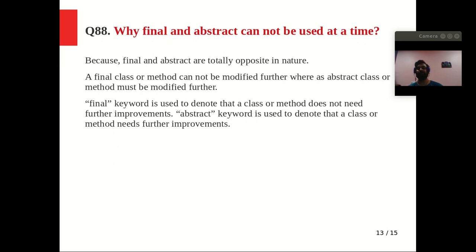The final keyword denotes that a class or method does not need further improvement, and the abstract keyword denotes that a class or method needs further implementation or enhancement. So final and abstract cannot be used at the same time with any class or method.